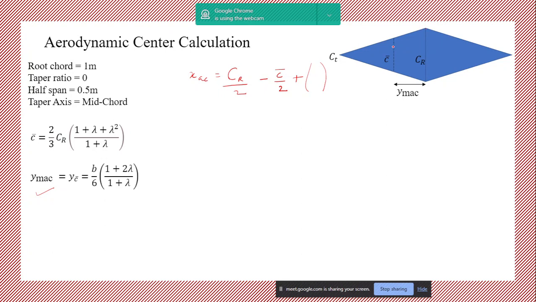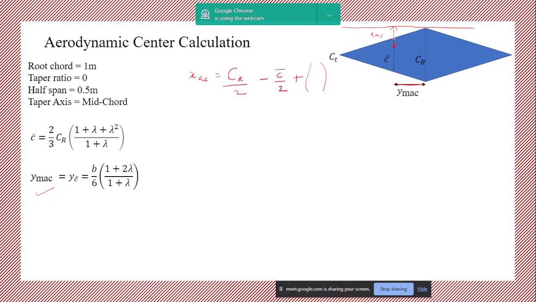This is your aerodynamic center. Both XAC and YAC have to be measured from the leading edge and the root chord. So YAC is this value, right? XAC has to be measured from the leading edge. So this entire length is your XAC, right?